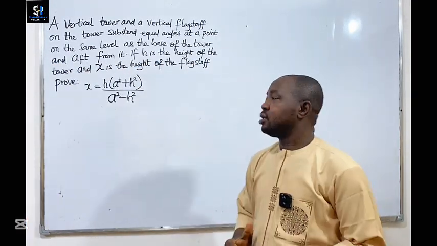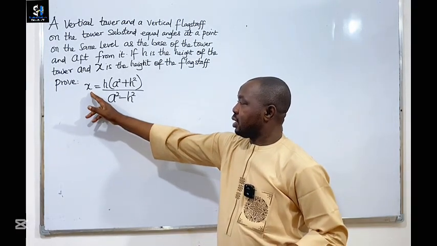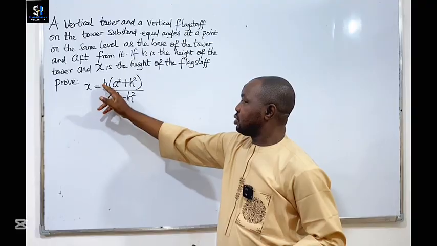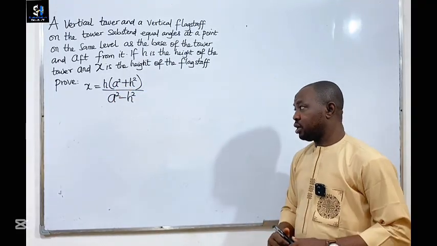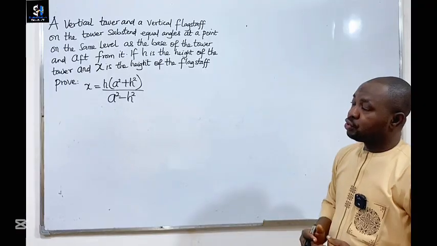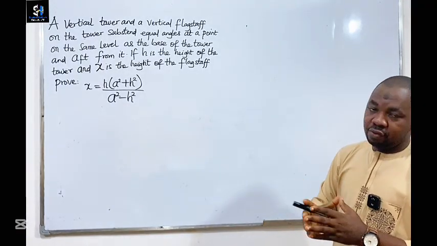Now our task in this question is to prove that x equals h(a² + h²) divided by (a² - h²). Let's read the question to know what x, h, and a represent.